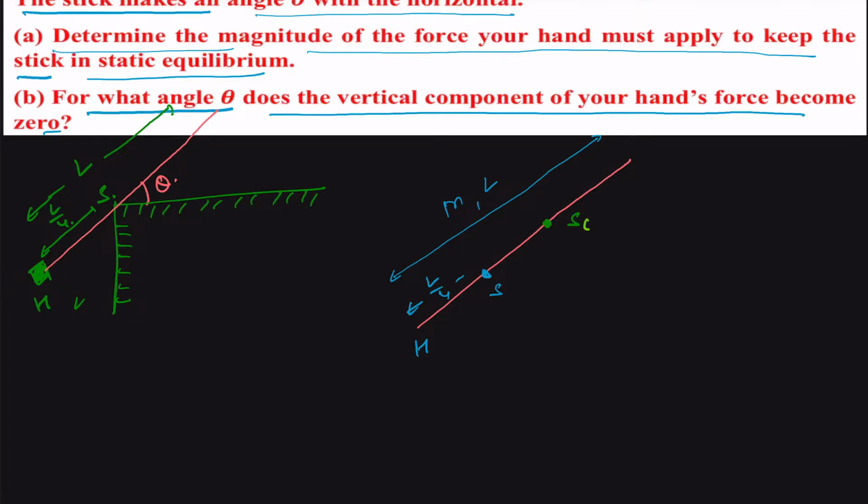Let us call this S of C, and its distance from the hand is L by 2. So these are the basic things which are given to us. Obviously at point S there will be a contact force, and let us call this R of C.